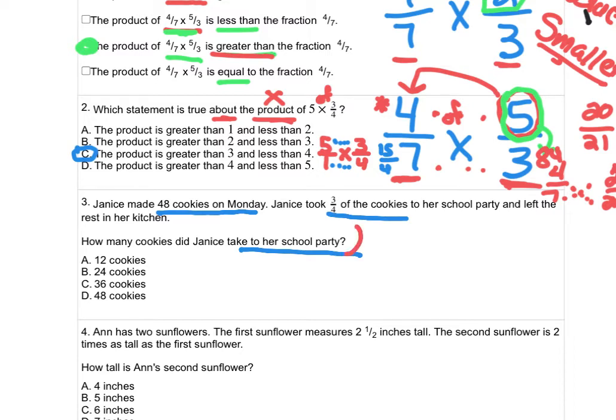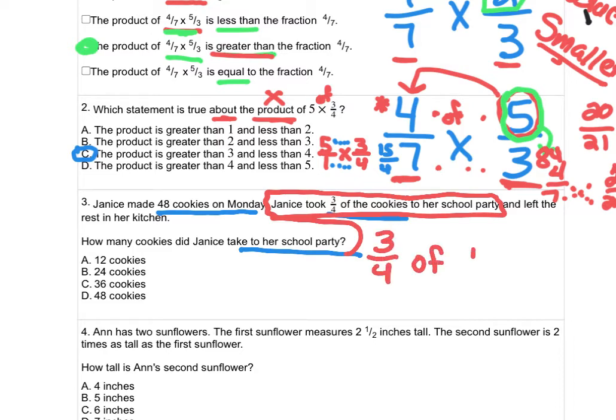It says, Janice took 3/4 of the cookies to her school party. So write that down. She took 3/4 of the cookies. Write that on your paper.